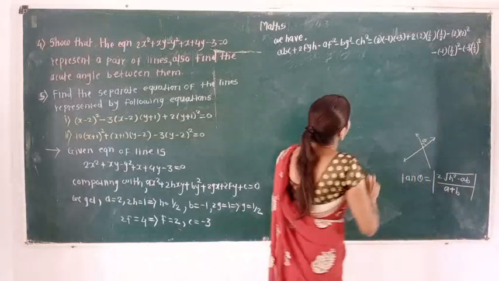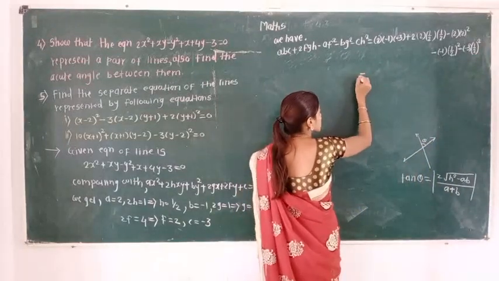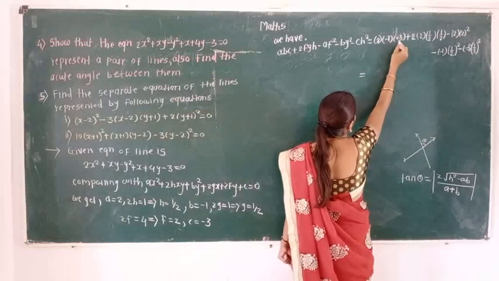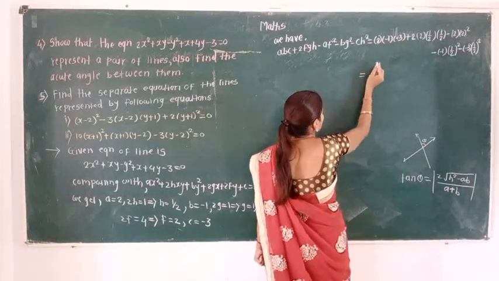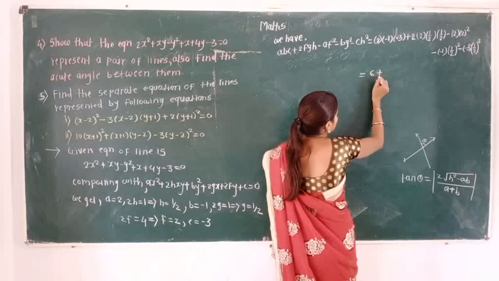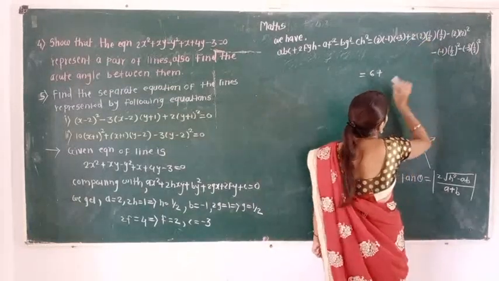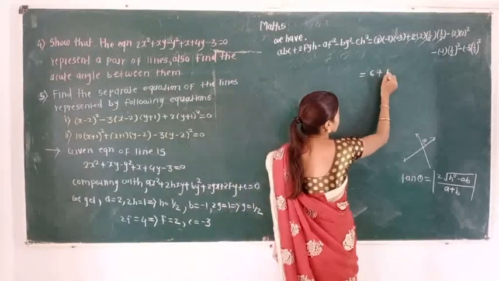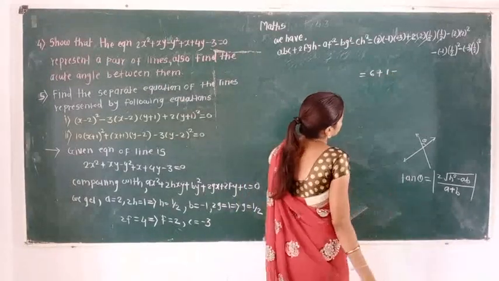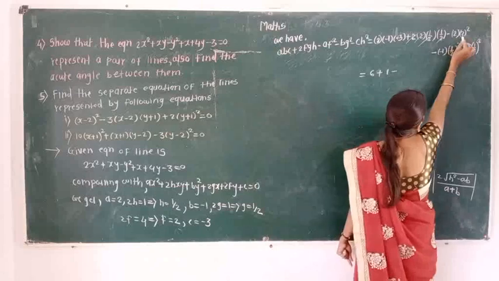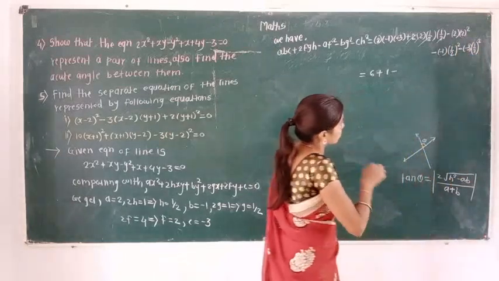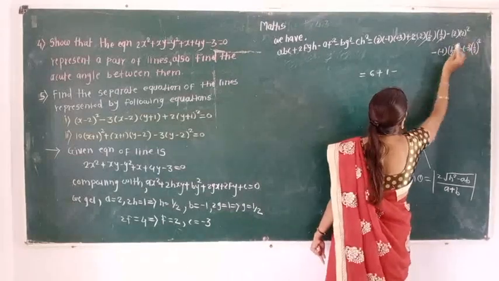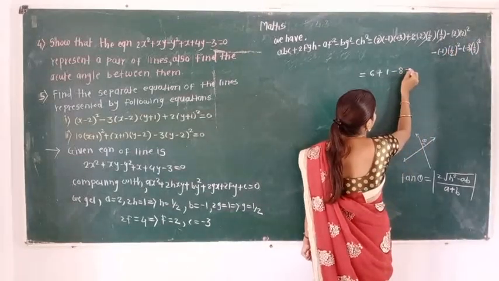Now simplify these terms. The product of the first terms gives plus 3 into 3 twos, which is 6. Plus these two terms get cancelled, 1 into 1 gives 1. Minus 2 square is 4 and 4 twos are 8, minus 8.